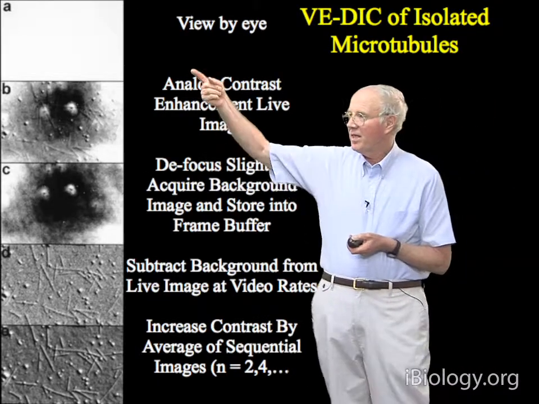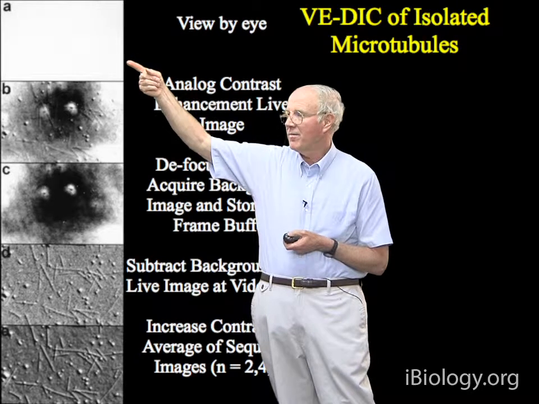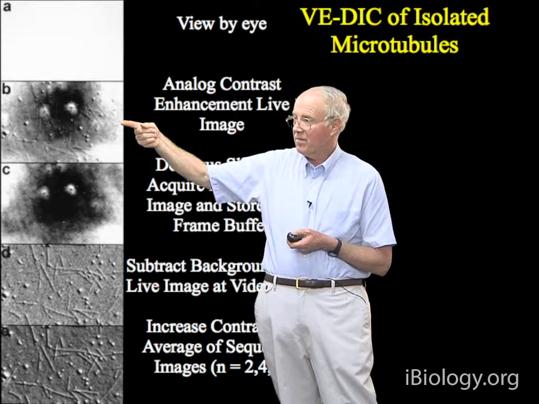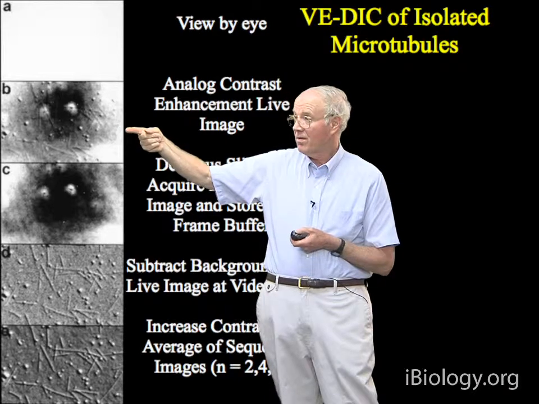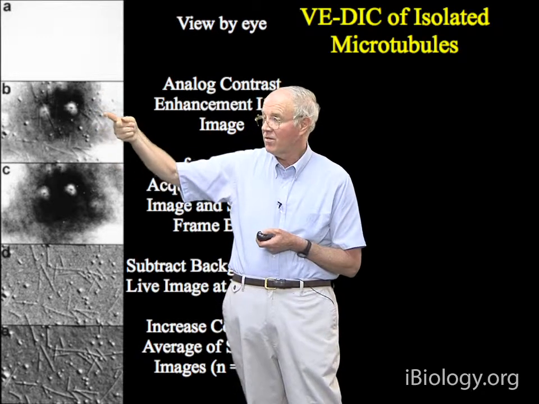And I made an example here of what our microtubules look like if you look by eye, and then if you use the contrast enhancement features of your camera or your computer image processing system, you can bring up the microtubules on the surface, but you also bring up all the inhomogeneities in the illumination system.